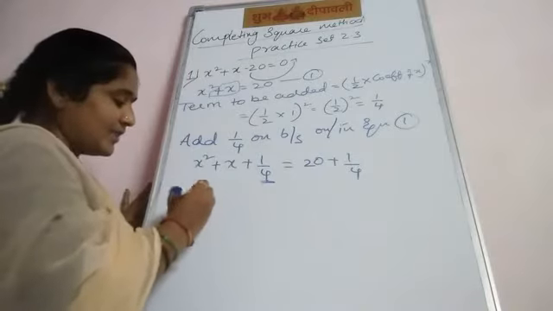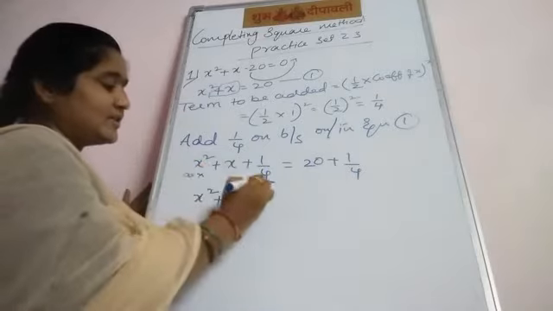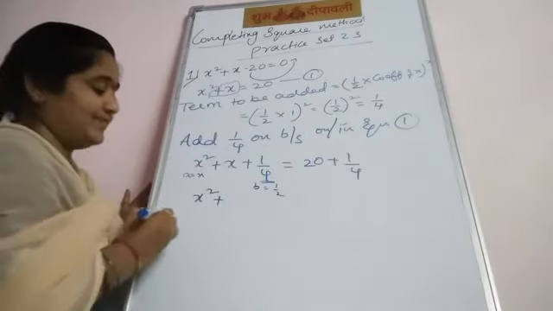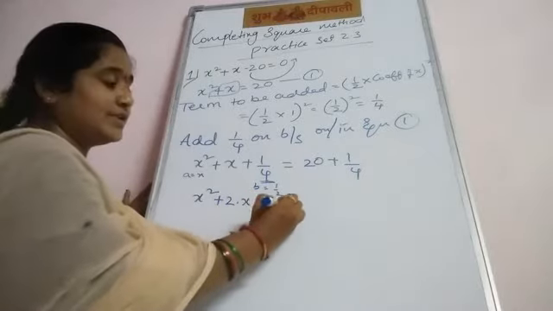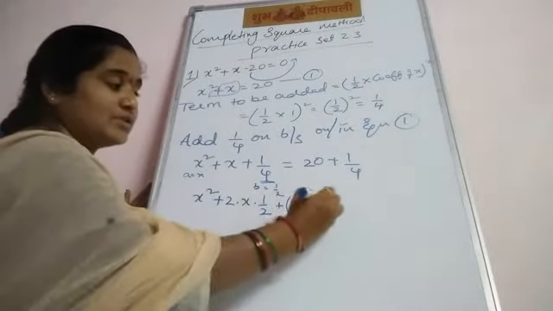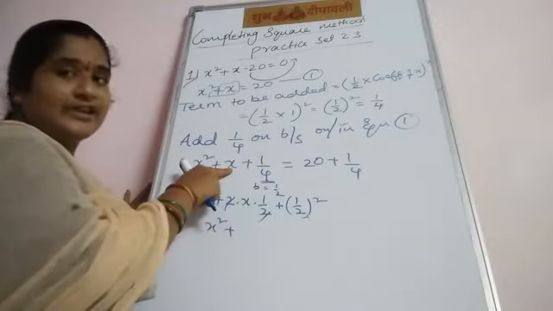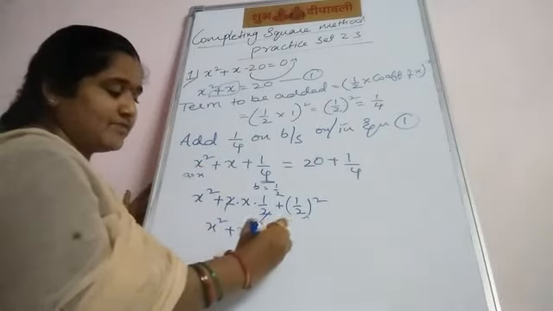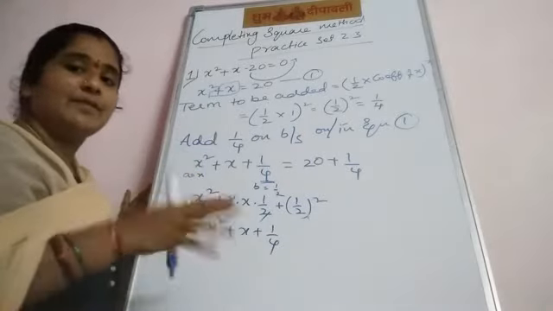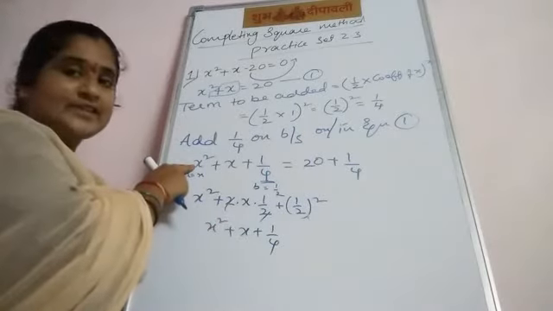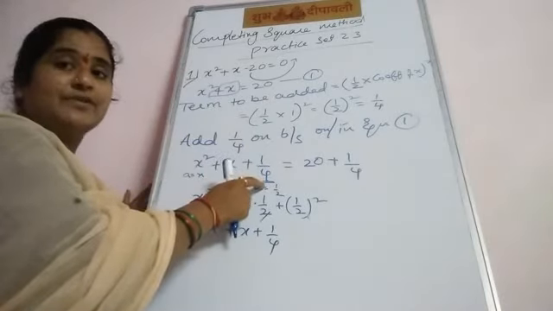See, I will show. x square plus, here a equal to x and here b equal to 1 by 2. x square plus 2 into x into 1 by 2 plus 1 by 2 whole square. The 2 gets cancelled. You got here x, x plus 1 by 4. So here you can directly write a plus b whole square. The a term is x and the b term is 1 by 2. The last term should compulsorily be a perfect square.